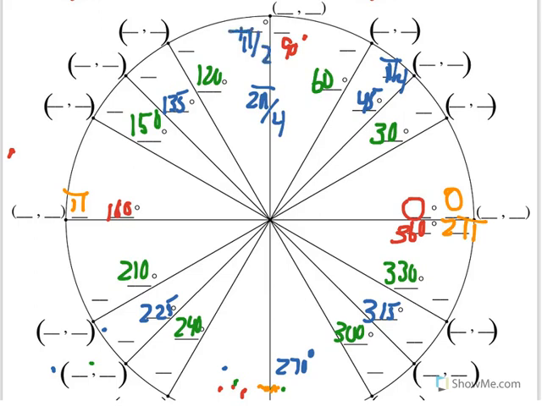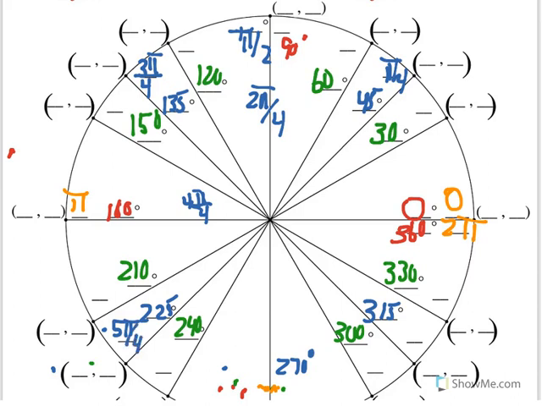Okay? Then go to where 135 is, that's your third pi over 4. Then go to where 180 is, and that's your fourth pi over 4. And I'm going to write that over here, which reduces to pi. Okay? Then go into 225, which is 5 pi over 4.